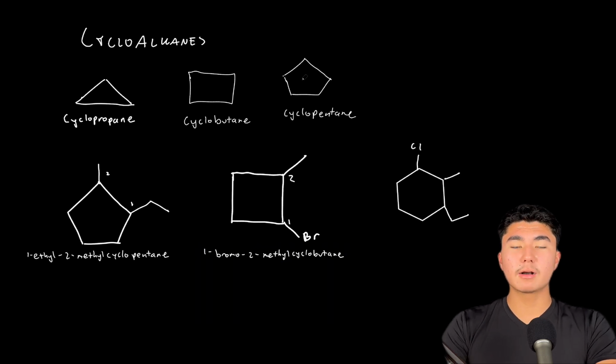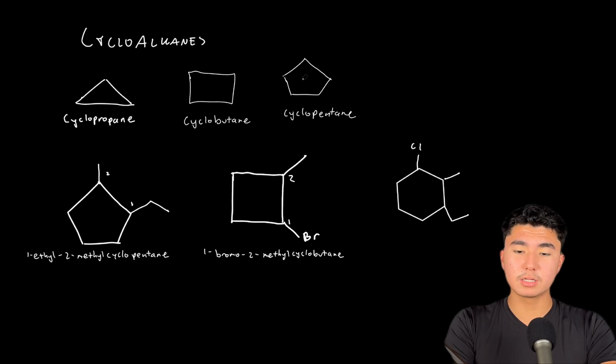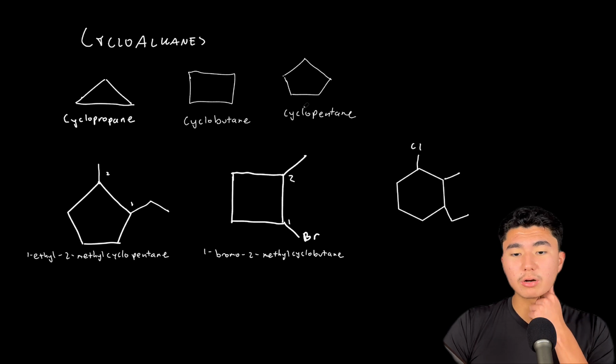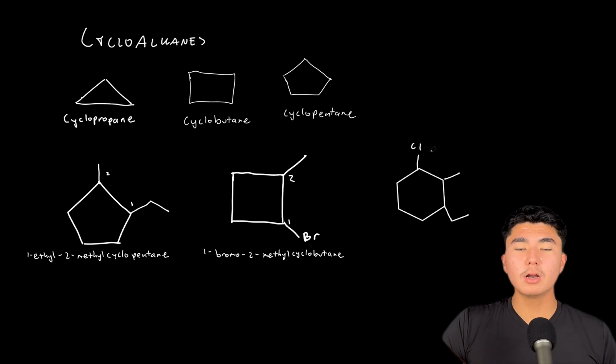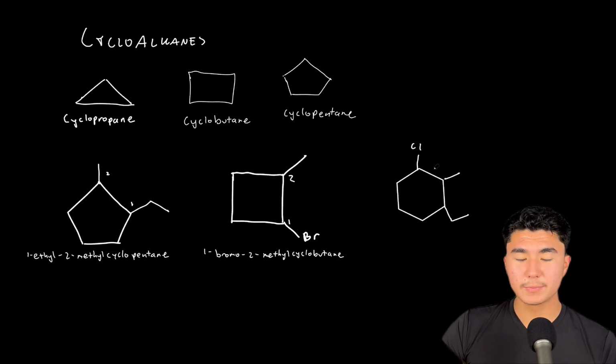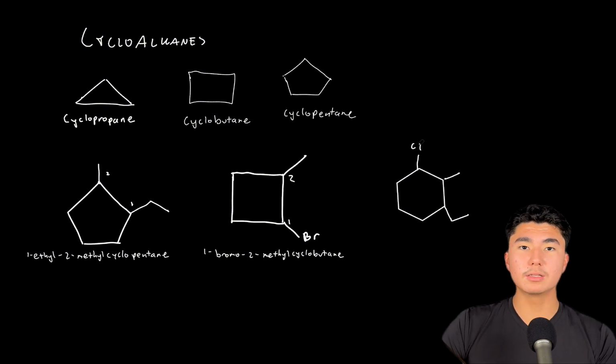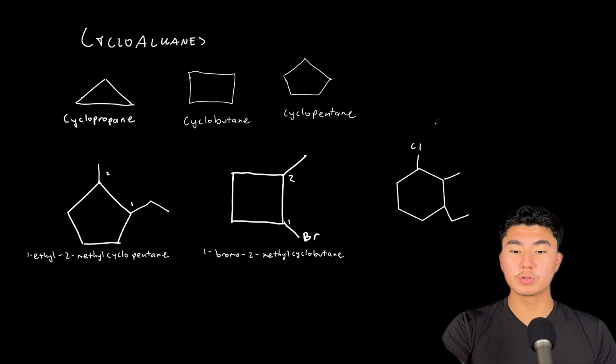Now, let's look at our third structure over here. We have 6 sides, so this is going to be a cyclohexane. And I want you guys to identify if we should start from this ethyl over here or from the chlorine. Now, if you guessed that we start from the chlorine, then you're correct because the C in chloro comes before the E in ethyl.